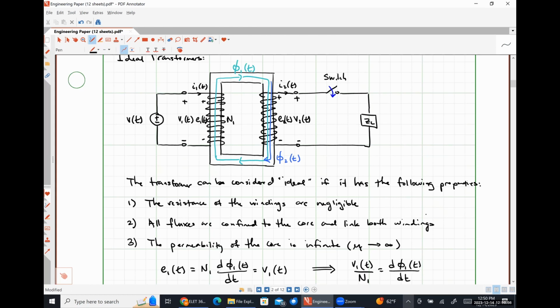My current I2 is leaving the positive polarity terminal of the induced voltage E2. So that means that V2 times I2 is the power that's supplied by coil 2. Another way we could think about it is that's the amount of power that's absorbed by our load, the output, right?